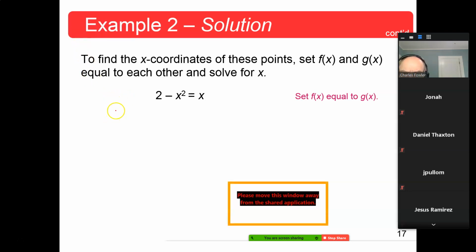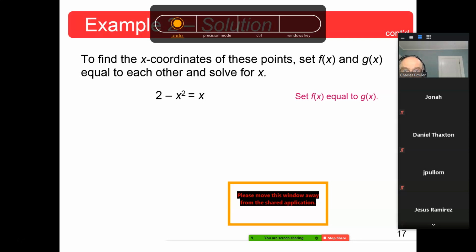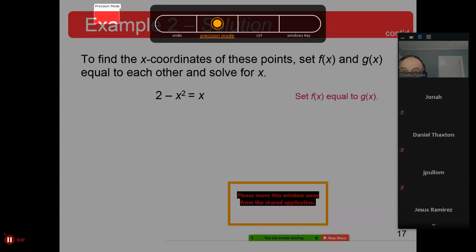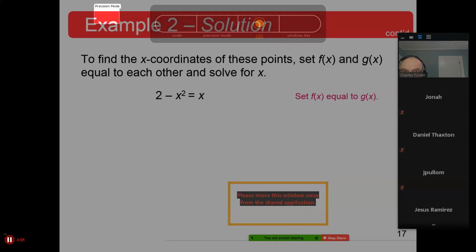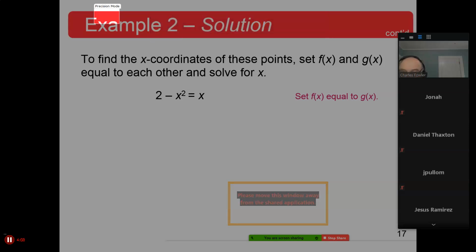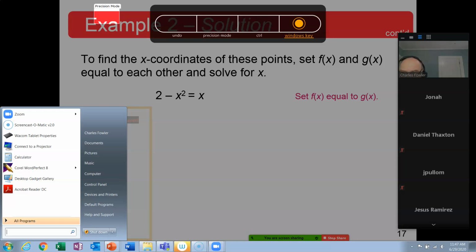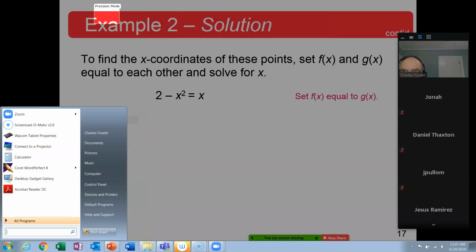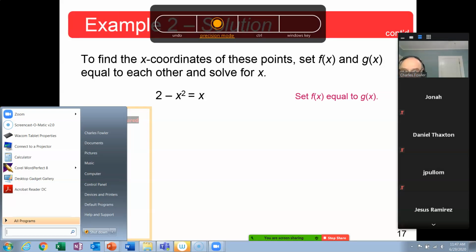I just as soon have black, but I'm sort of new at this. So let's see if I can get control. I don't know what that means. Windows key. That's probably not it. Okay, I was better off where I was. So let's go back here.